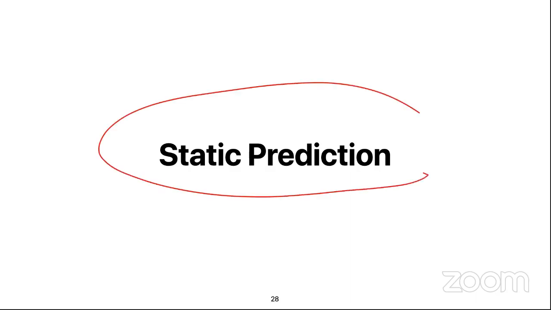If you guess it wrong, you don't lose anything. There's nothing for you to lose. But if you don't put anything there, you will get no points. Some of you are saying pick C. That's actually a static prediction. If you always pick an answer that you like, that's static prediction.